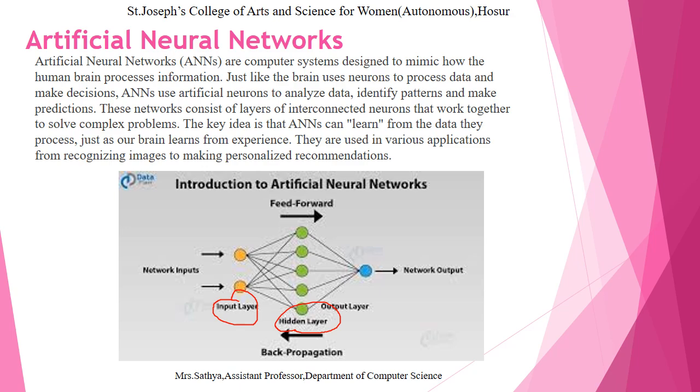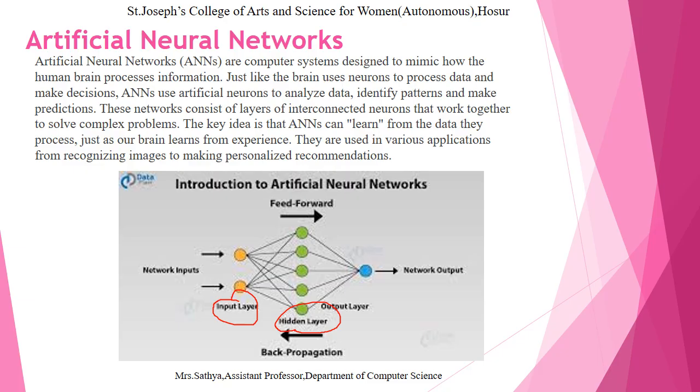First it receives the inputs, applies the weights to them, and then generates the outputs. Neural networks are mainly used for solving classification and regression problems.